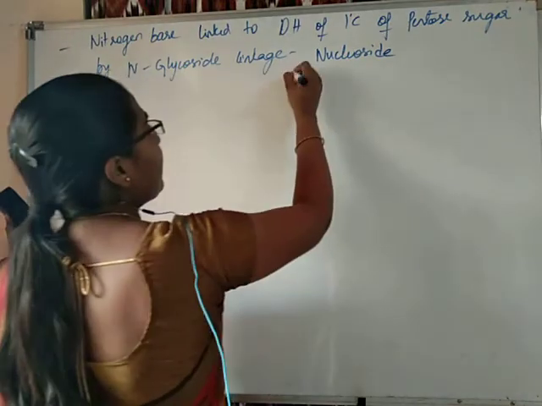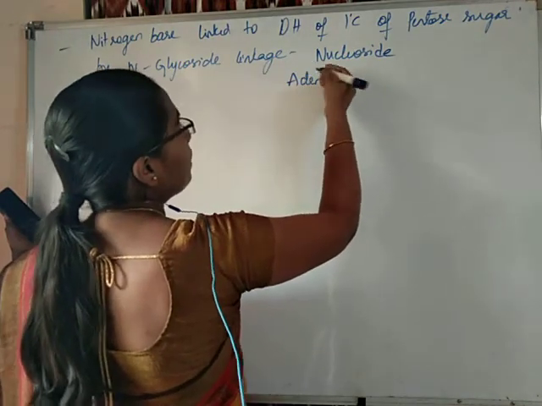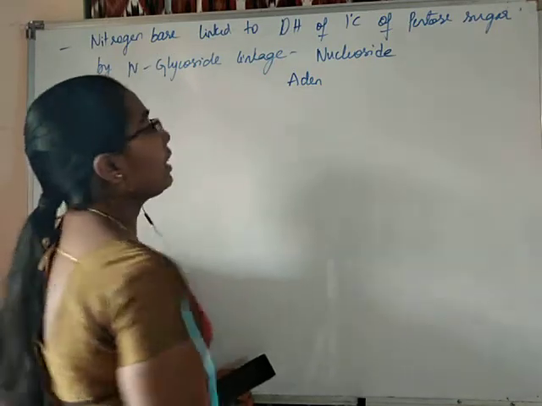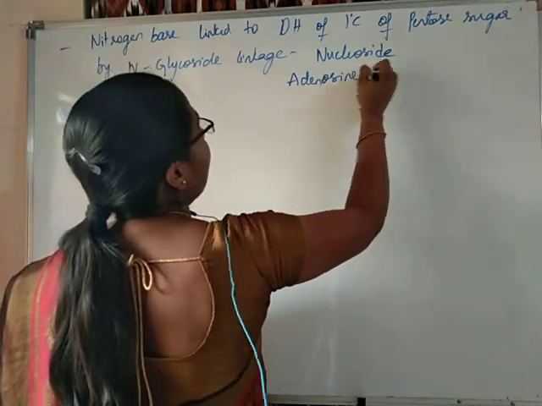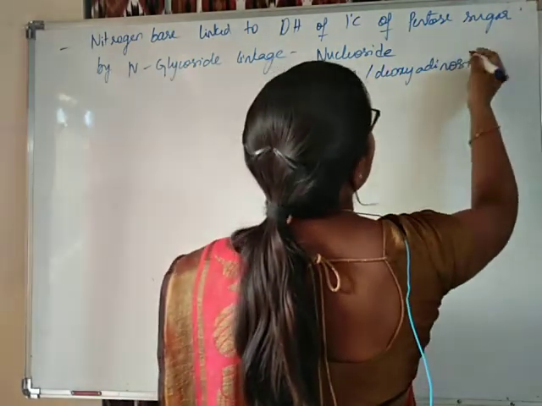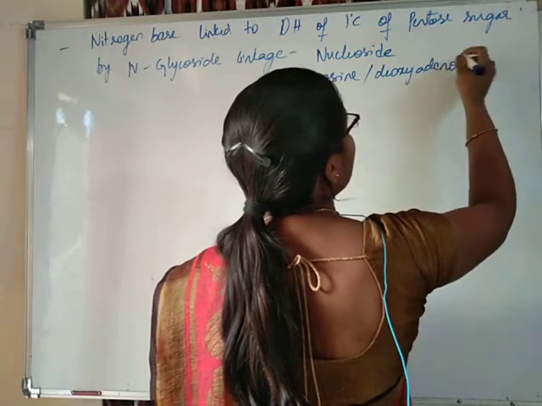Nucleosides like adenosine: adenine is actually a nitrogen base, right? So now it becomes adenosine or deoxyadenosine, depending upon the type of sugar to which it is attaching.